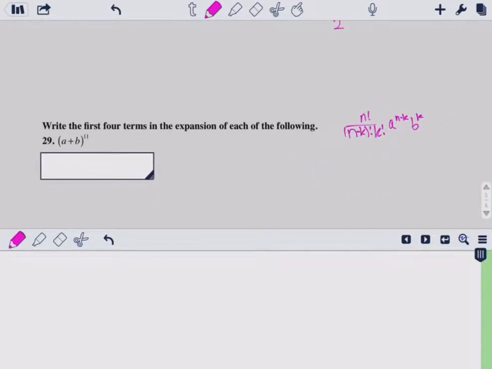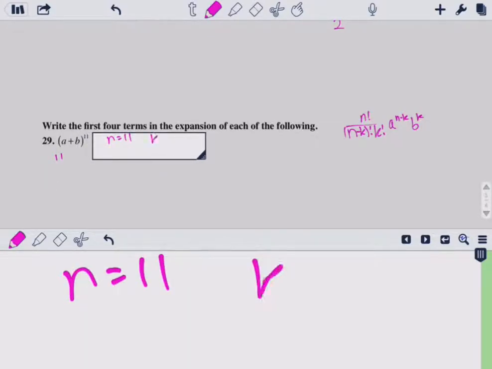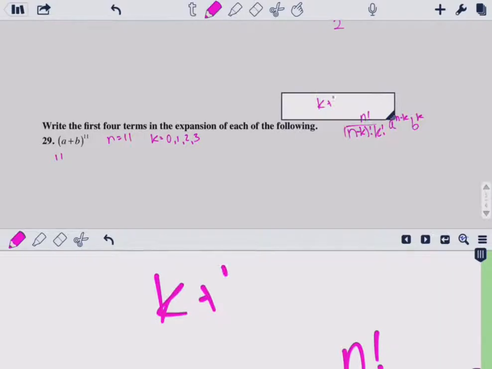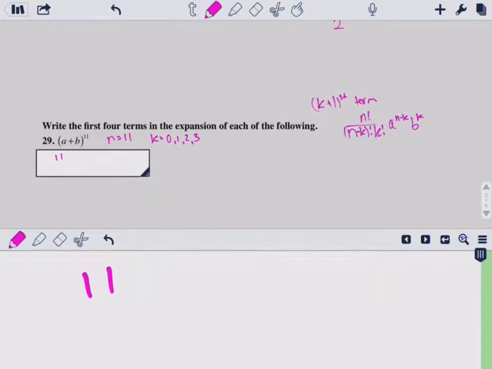First 4 terms. Remember, n is equal to 11, k is equal to 0, 1, 2, and 3. Remember, this is for the k plus first term.